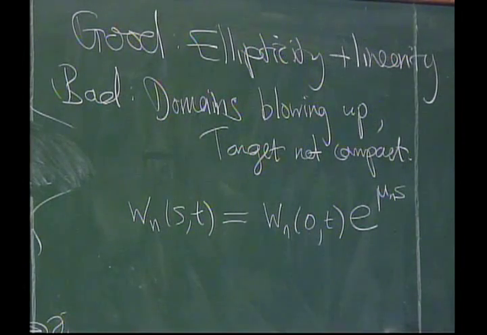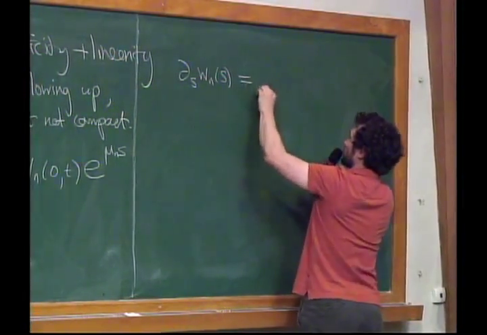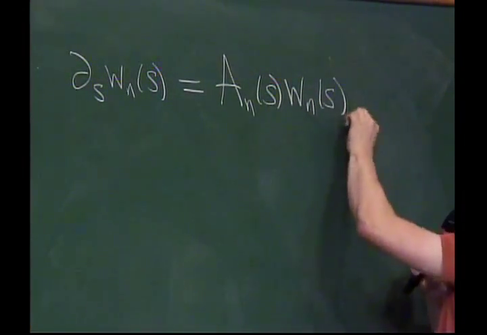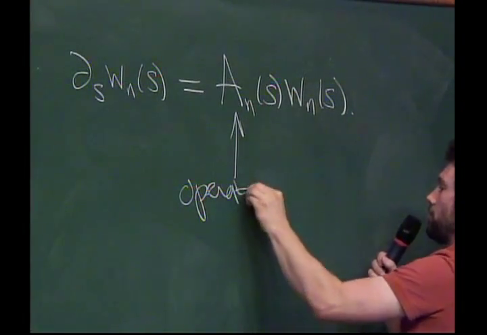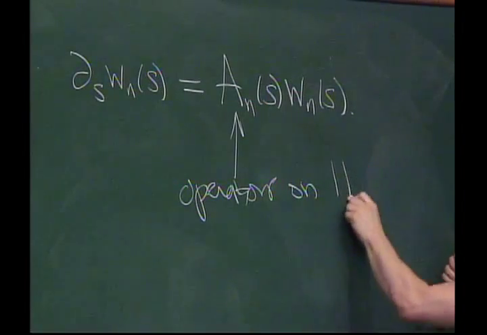So of course, this PDE is an evolution equation, so we could rewrite this as d/ds Wn of s is equal to some family of operators times Wn of s. So this is a family of operators on a sequence of Hilbert spaces.